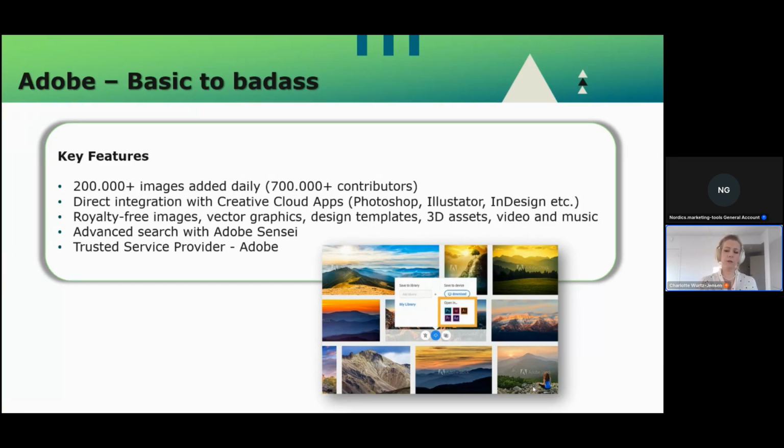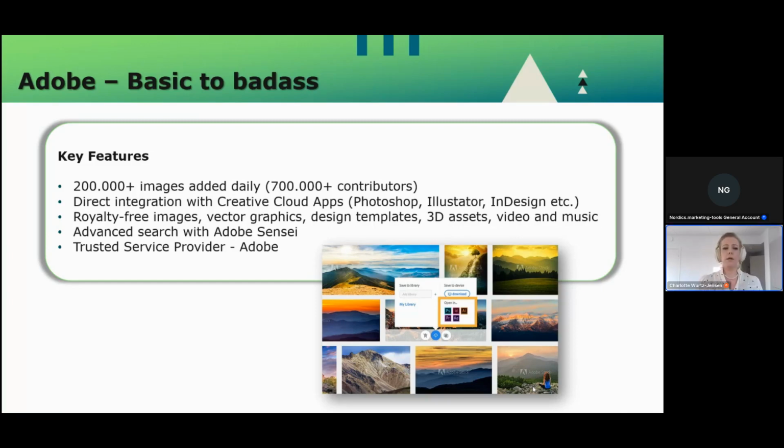So Adobe Sensei, you might recall the last session, we went through Firefly, which is the newest Adobe AI product. Adobe Sensei is actually the older Adobe AI product that is within Adobe Photoshop, Illustrator, and so on, where you can actually search for these images that you need.